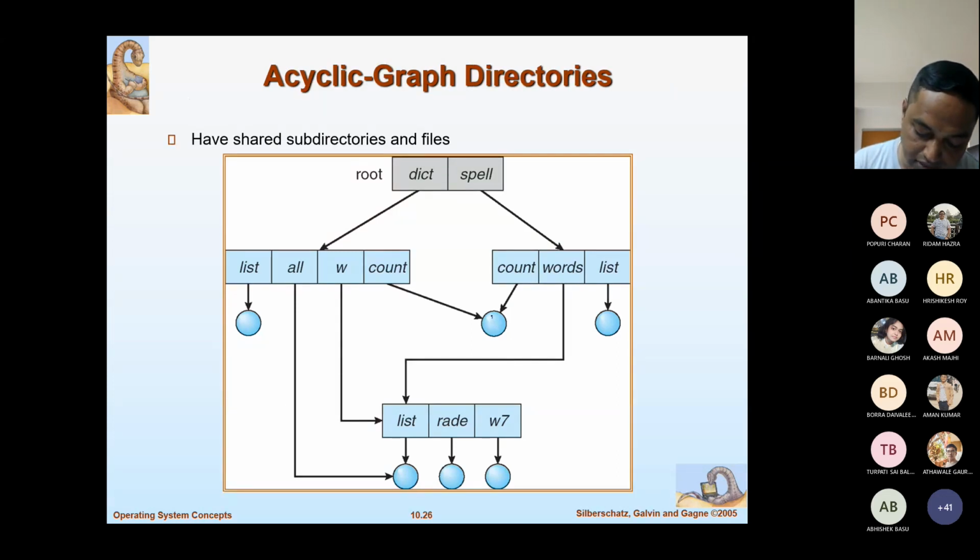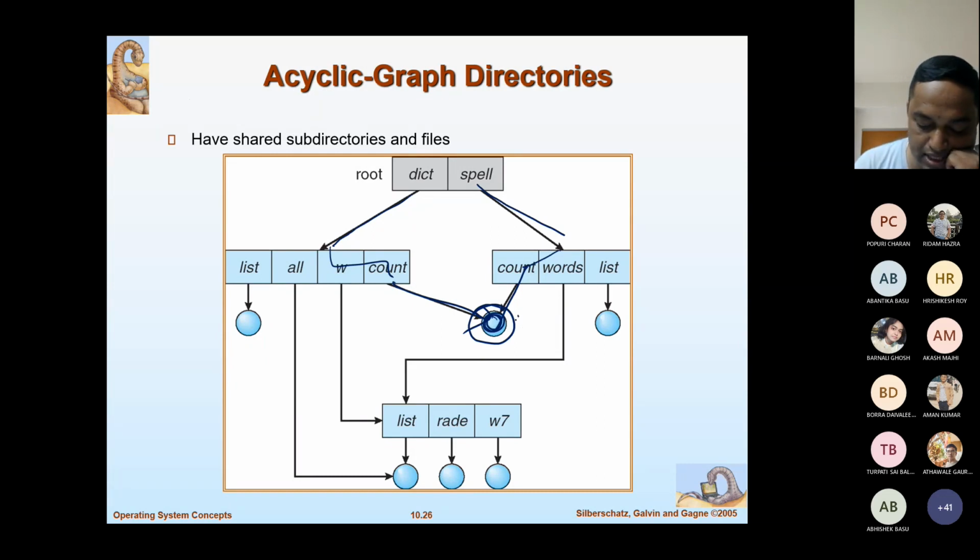Suppose this is the file, which can be accessible by another way. So this particular file is a shared file.